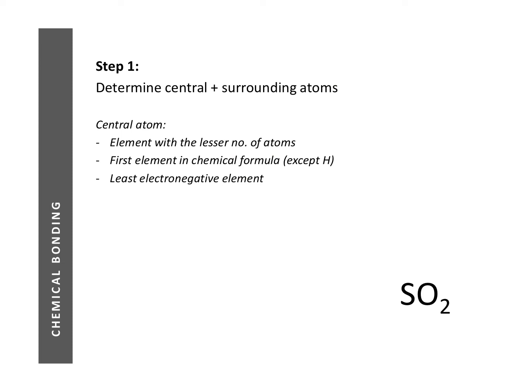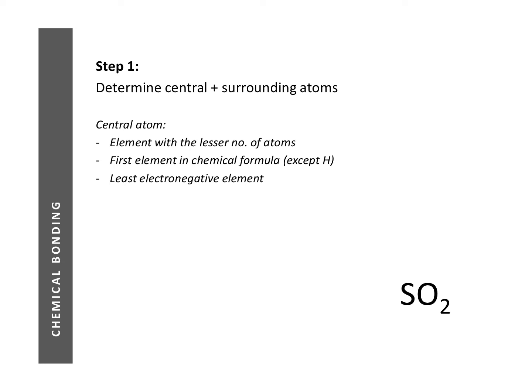Now we're going to look at the new set of steps for drawing dot and cross diagrams for covalent substances in the A-levels. We're going to use it for the same molecule of sulfur dioxide. Step number 1 is to determine the central and surrounding atoms, meaning for sulfur dioxide, which atom goes in the middle. Now there are a few tips that we can consider in order to know which atom is in the middle.